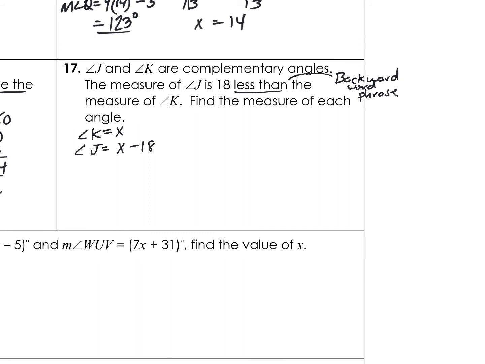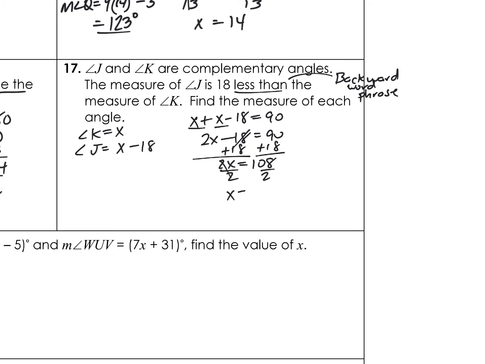So since they're complementary, their sum equals 90. Combine like terms. Add 18. And 108 divided by 2 is 54.